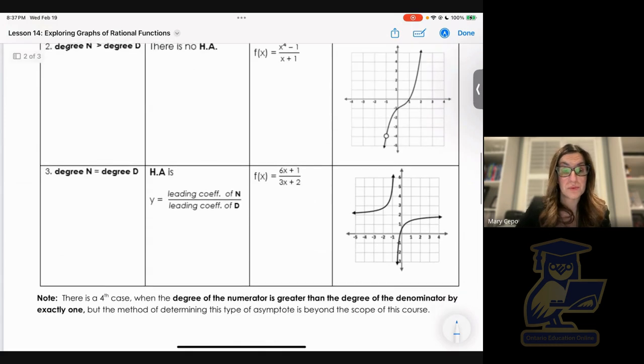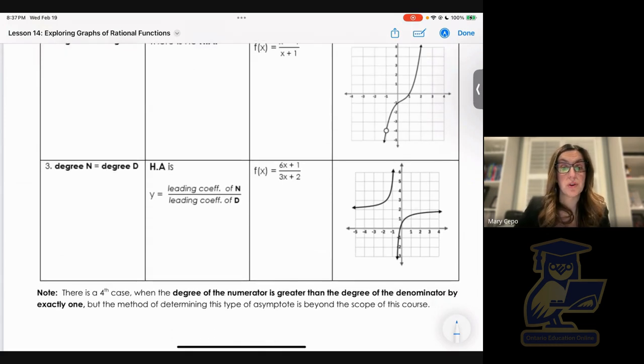The third case is when the degree in the numerator is equal to the degree in the denominator. In this case, to determine the horizontal asymptote, the equation is y equals the leading coefficient of the numerator divided by the leading coefficient of the denominator. For example, we have f of x is equal to 6x plus 1 over 3x plus 2. The degree in the numerator is 1 and the degree in the denominator is 1.